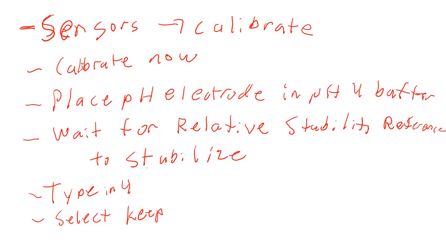So now you have just told the LabQuest that the solution that you put your pH electrode in is a pH 4 buffer. So now you're going to take your pH probe out, and you're going to rinse the pH probe with DI water.